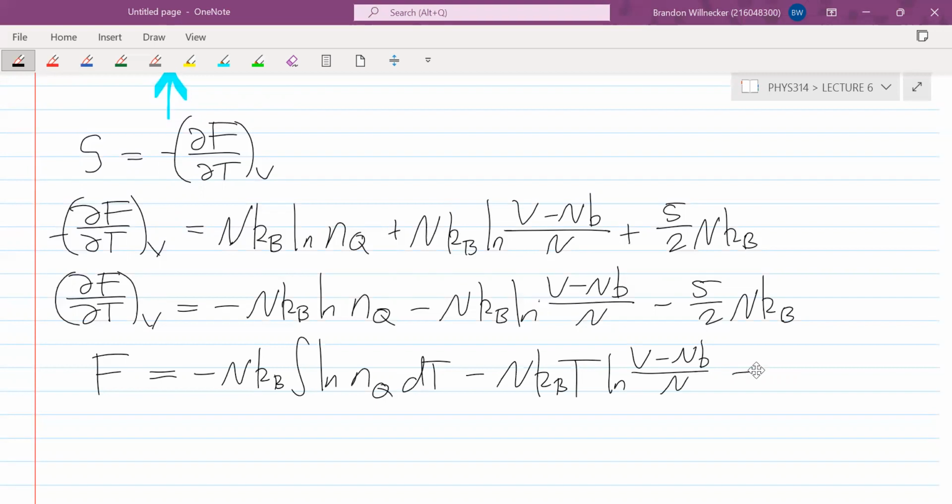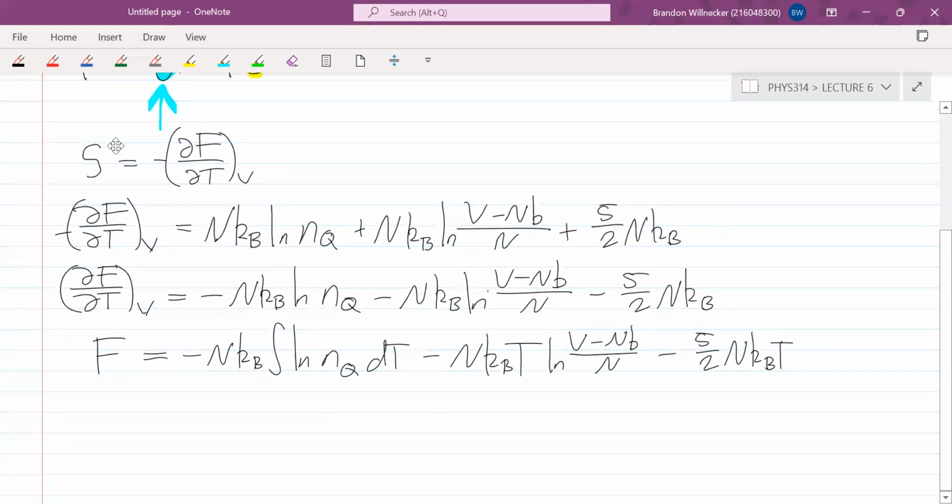We don't have to worry about the integral signs. Minus 5/2 NkBT. And remember, we held V constant. So when we took the derivative with respect to T, we lost any function of V. So plus some function of V, we don't know what it is yet.